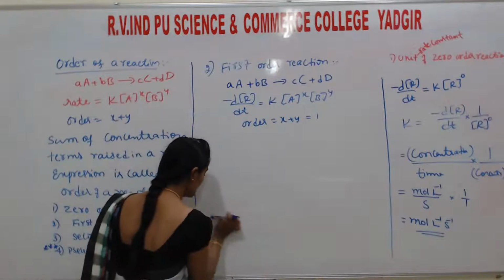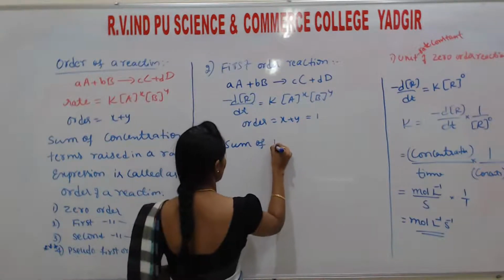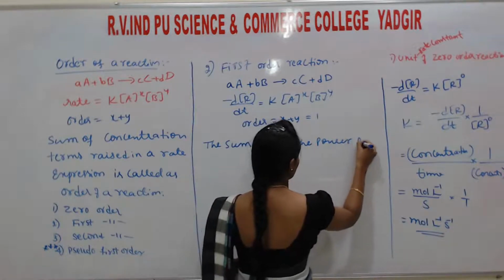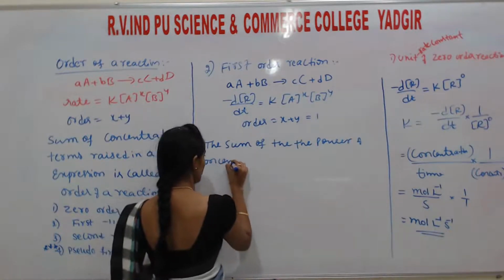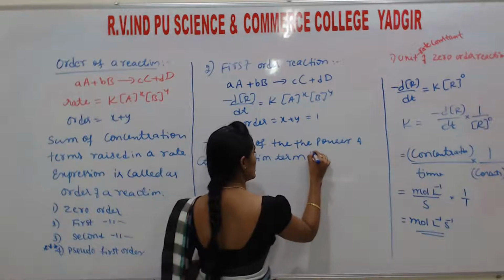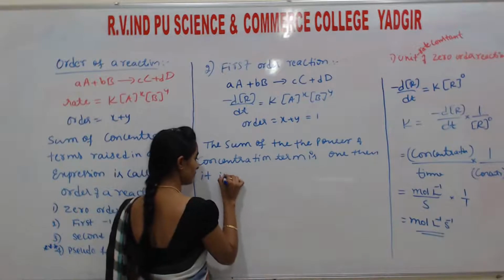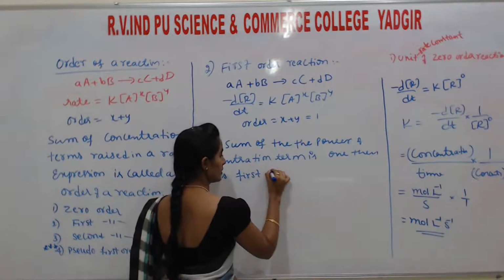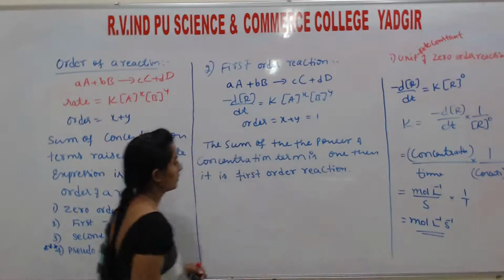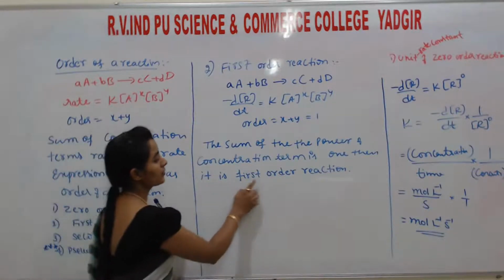So the definition is next. The sum of the powers of the concentration terms is 1, then it is a first order reaction.